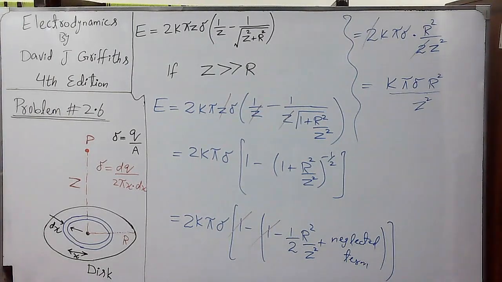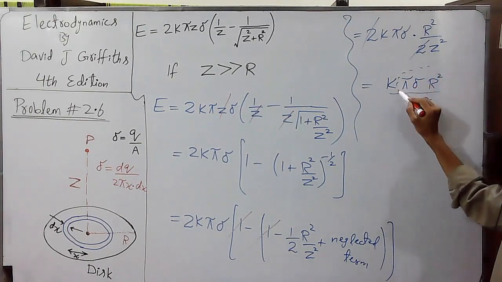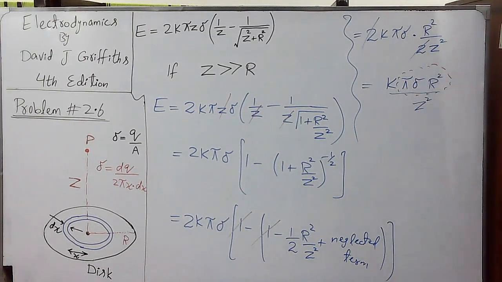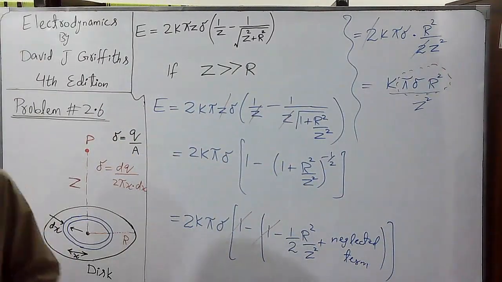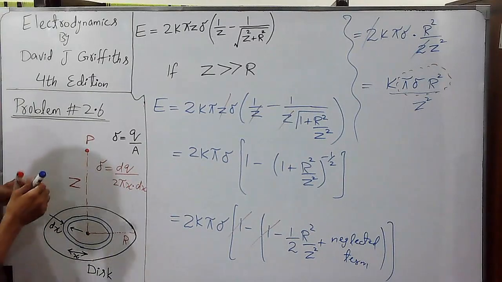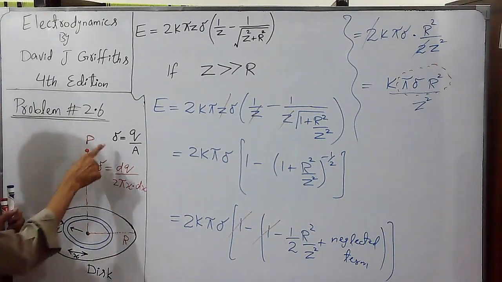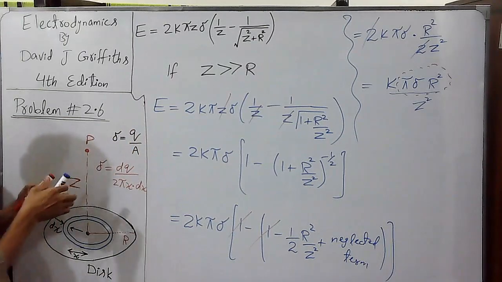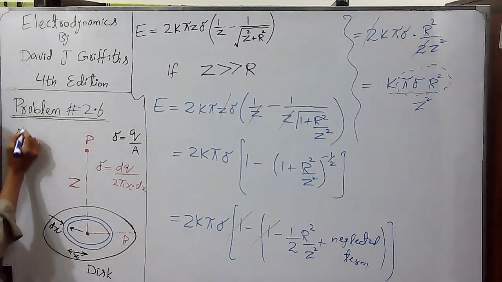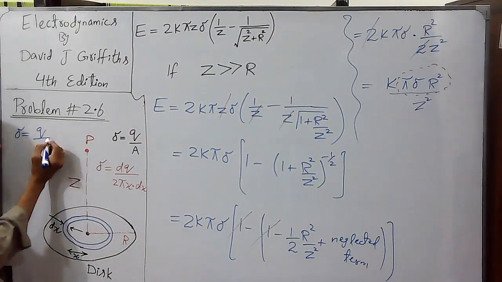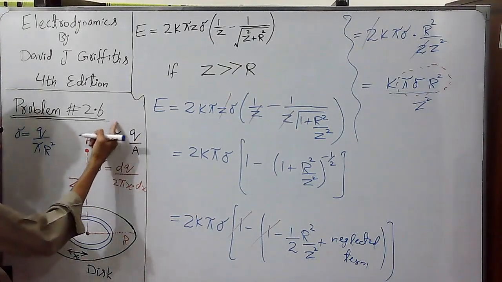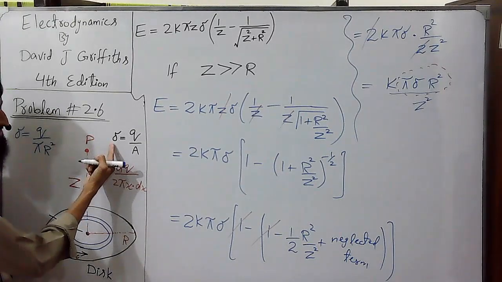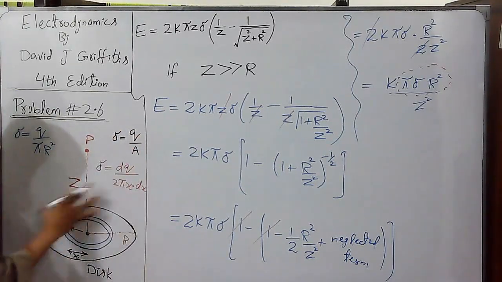Now what does this expression give us? It's pretty clear that the area of the disk is pi r square because it is a circular disk. So this expression can be written like this: sigma is equal to q divided by pi r square, because this expression of uniform charge density was written for this complete disk.